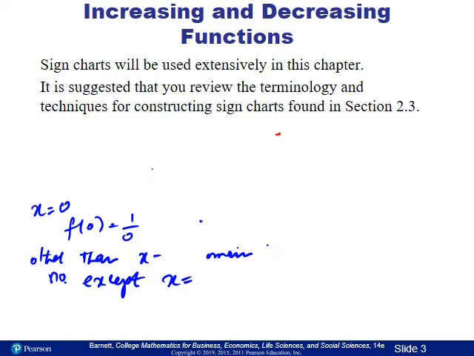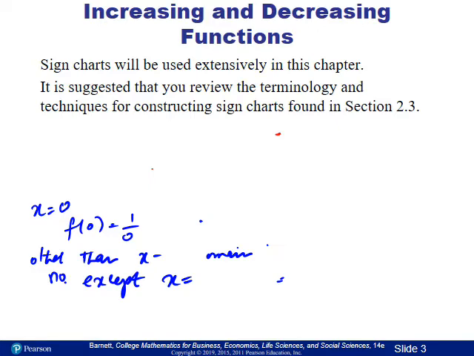We can write it as x belongs to the set of all real numbers except 0. So we don't include 0. This is called the domain.